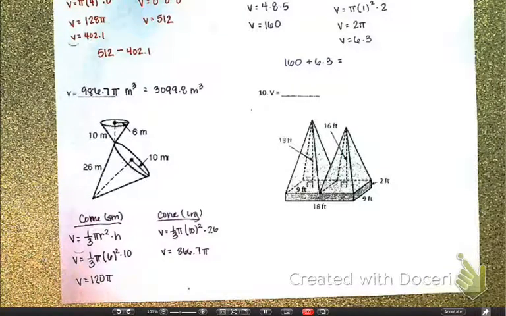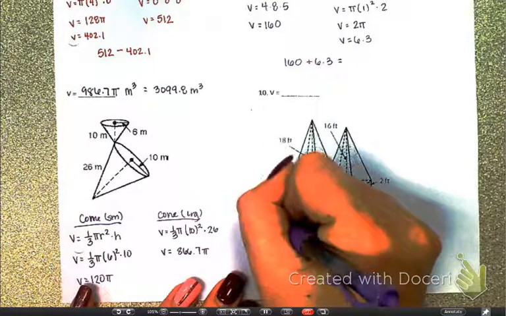Okay, last problem. What do you see here? I see two pyramids, and did you say something else? A prism. Okay, so we have a prism.